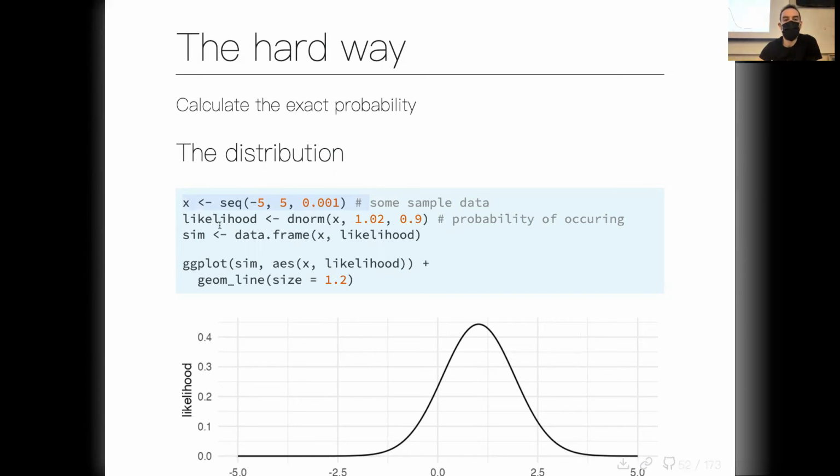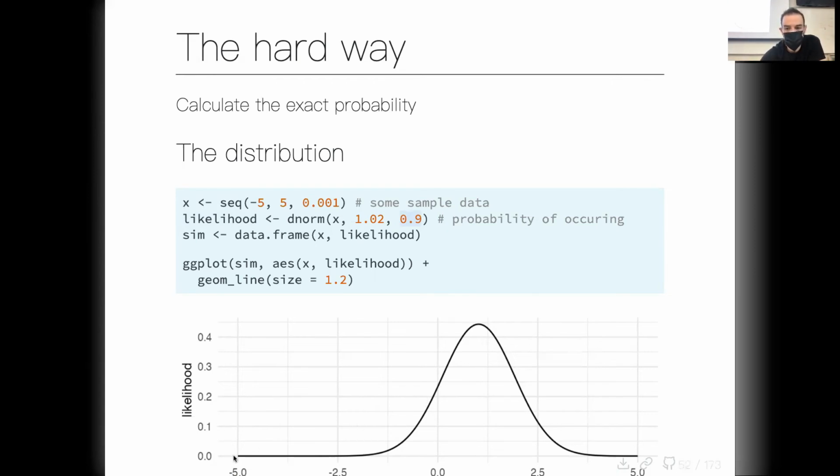Then I'm going to calculate the likelihood of each event occurring, given that we think the data come from a distribution with a mean of 1.02 and a standard deviation of 0.9. That's what this is right here: all of those little points from -5 to +5, and the likelihood of them occurring.